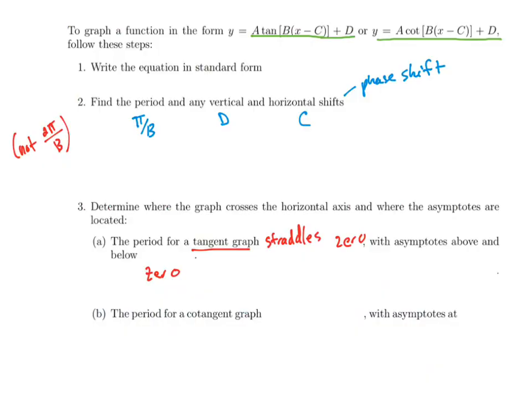The period for cotangent begins at 0, and it still has asymptotes at, how do we say this? At 0 and the end of the period.